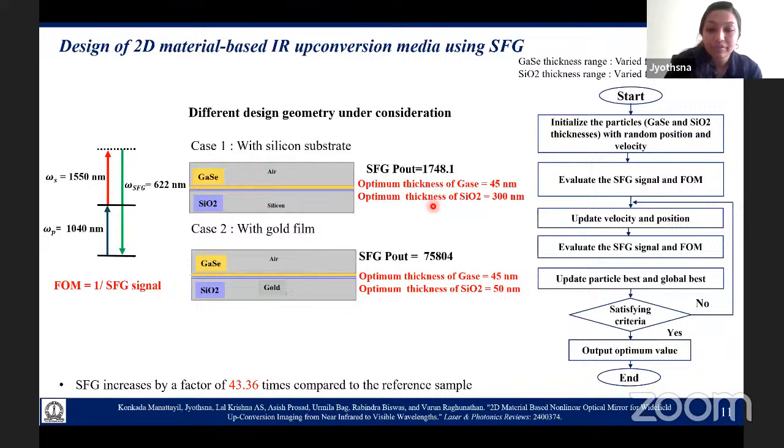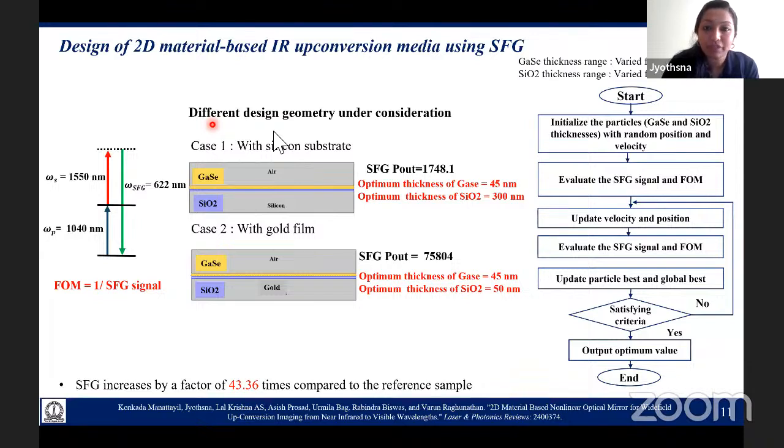So as I mentioned, in the 2D material based nonlinear optical mirror, we have a 2D material, below which we have SiO2, and below which we have the gold film. And the thickness of the gallium selenide and SiO2 is optimized using this PSO algorithm. The PSO algorithm has an objective function that it tries to minimize to get the maximum optimized signal.